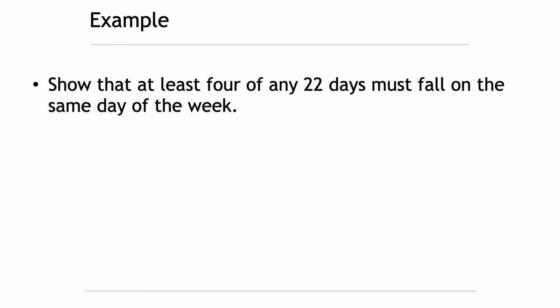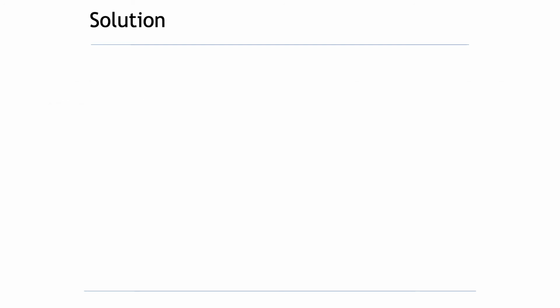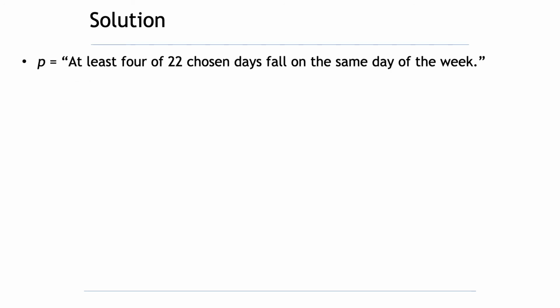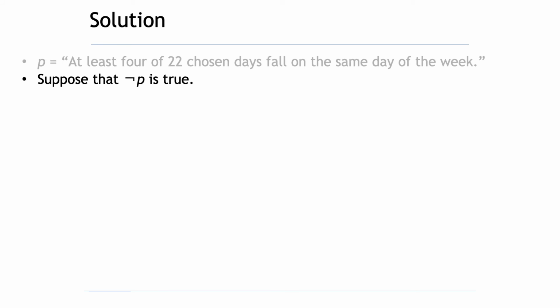Let's see the following example. Show that at least 4 of any 22 days must fall on the same day of the week. Let P be the proposition: at least 4 of 22 chosen days fall on the same day of the week. We're supposed to prove now that not P is true.